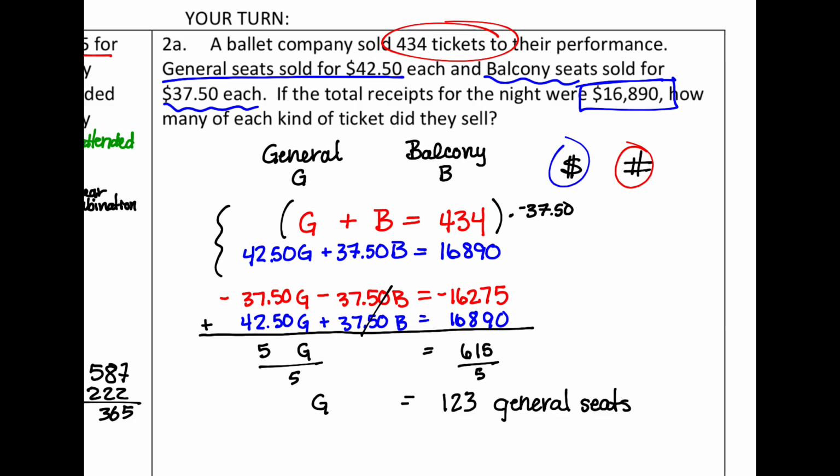And how do I get the number of balcony seats? We know that the total is 434. So I'm going to start with the 434 and subtract the 123. And we had 311 balcony seats sold.